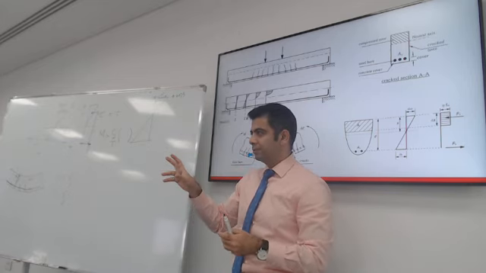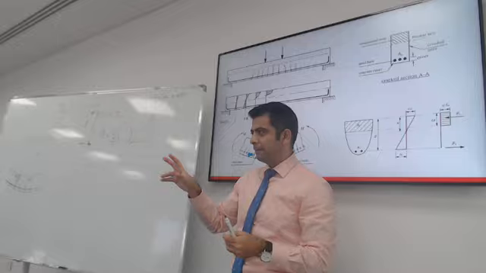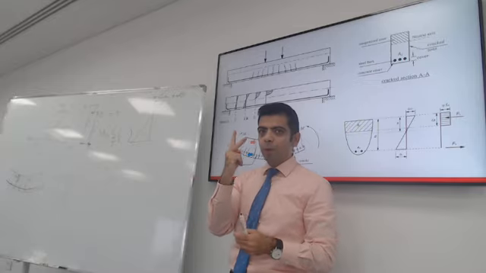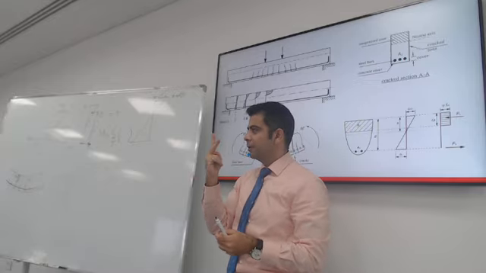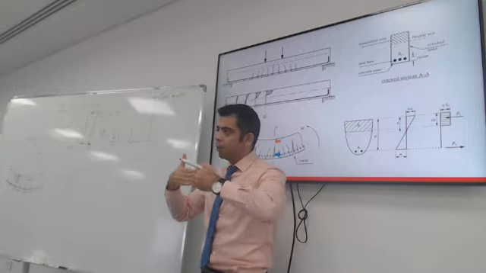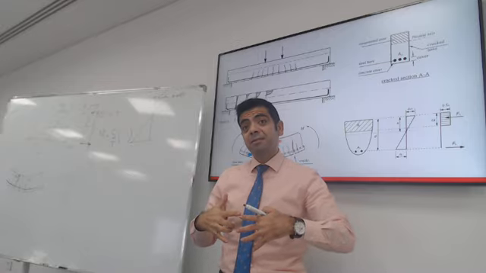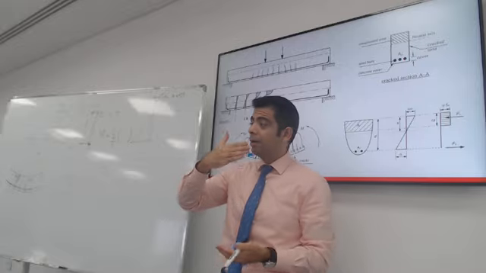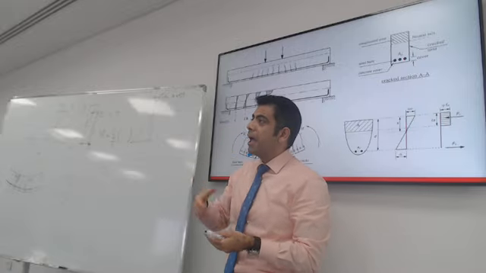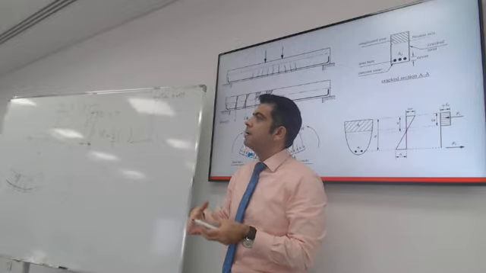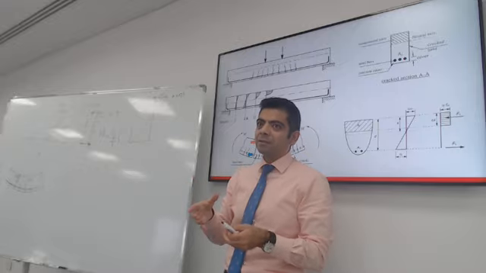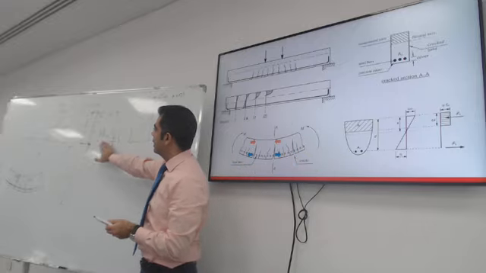What moment? You need two moments. You need the actual moment on the beam due to the load, and you need the moment capacity. You need the actual bending moment on the beam, and how much this beam can resist. Yes, the moment resistance. And that's what we're going to try to achieve.